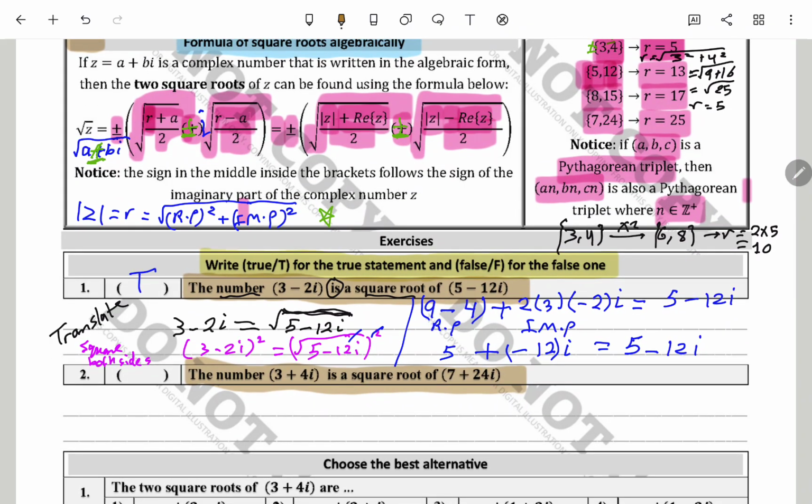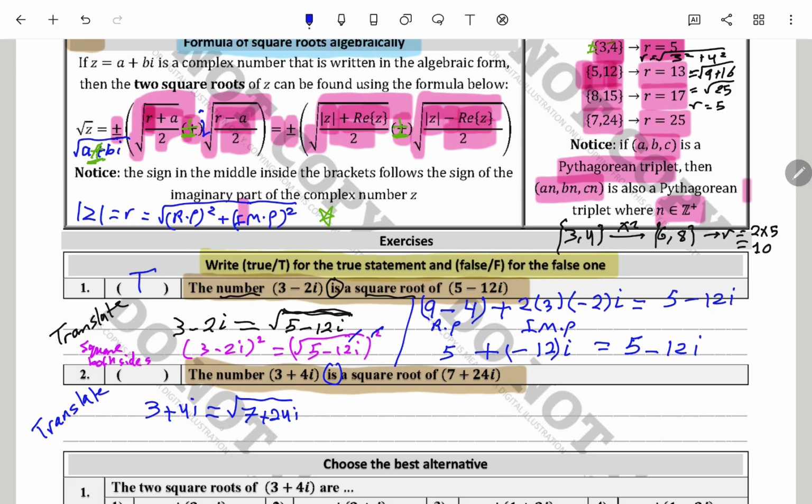Squaring both sides is easy, but I prefer to translate first by writing 3 plus 4i equals the square root of 7 plus 24i.